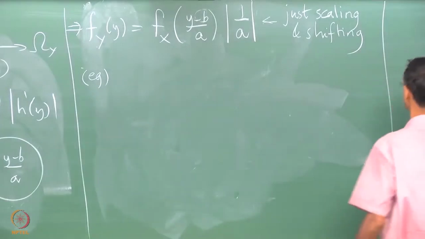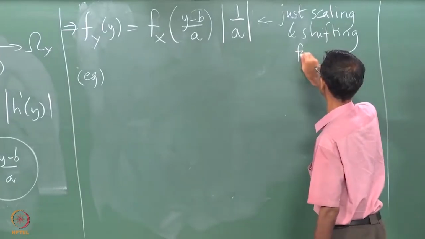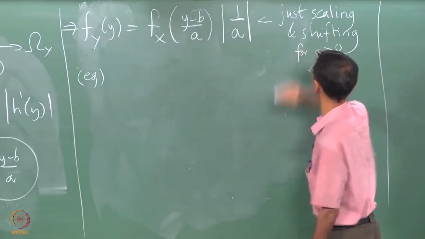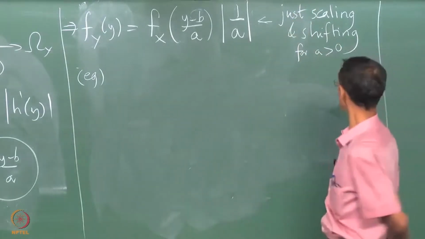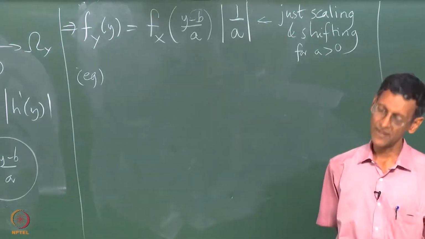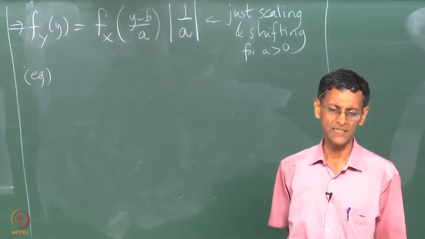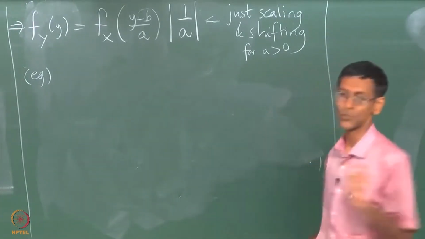And flipping, of course, if a is negative. So assuming a is greater than 0, it is just scaling and shifting. If a is negative, then there is a flip, but for our understanding, let us just assume a is positive.